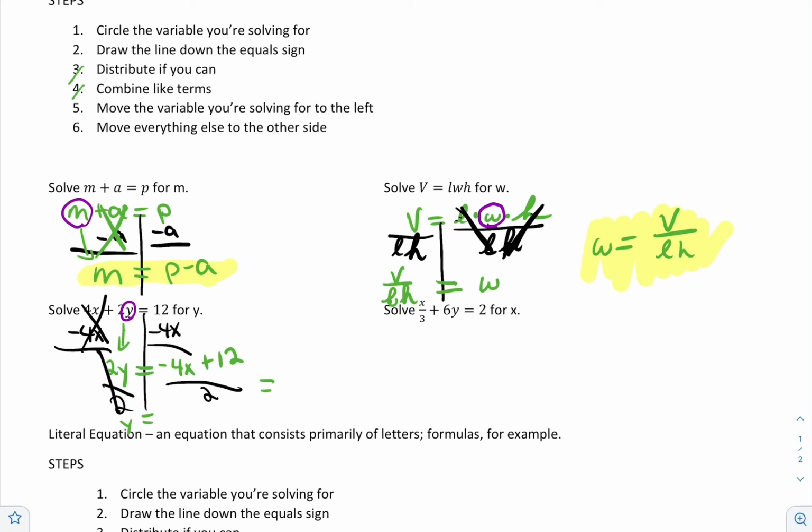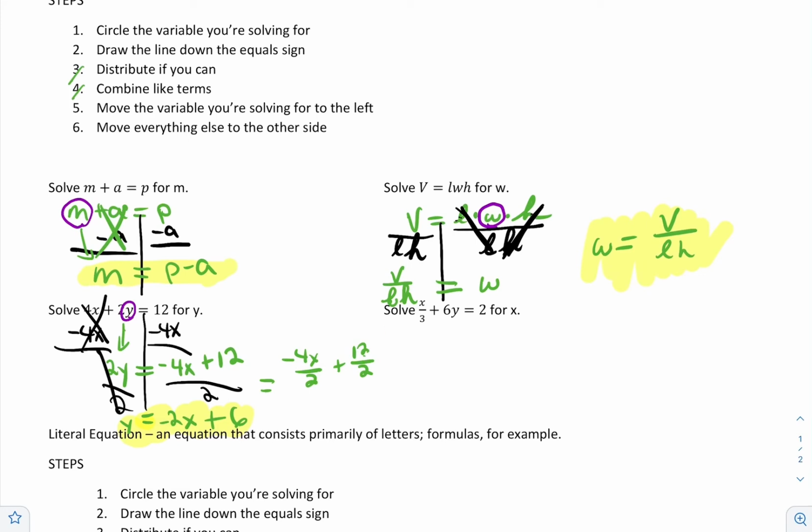So how we can look at this is negative 4x divided by 2 plus 12 divided by 2. We can separate in that way. Negative 4x divided by 2 is negative 2x, and 12 divided by 2 is 6. All right, and there it is. That's our answer. y is equal to negative 2x plus 6.